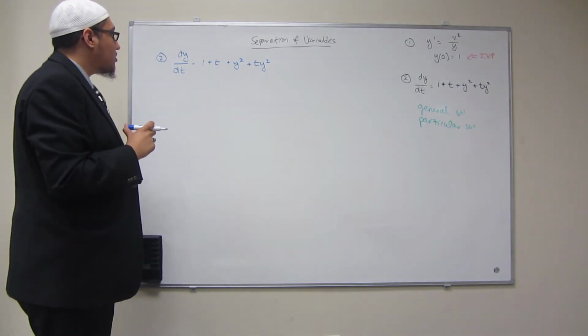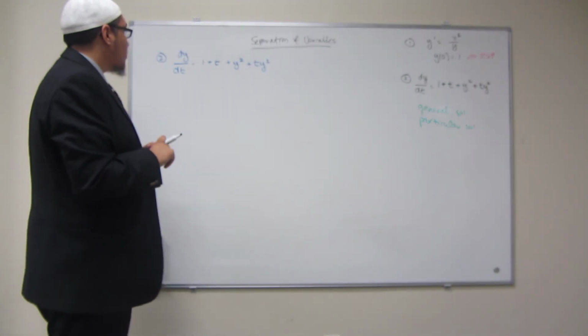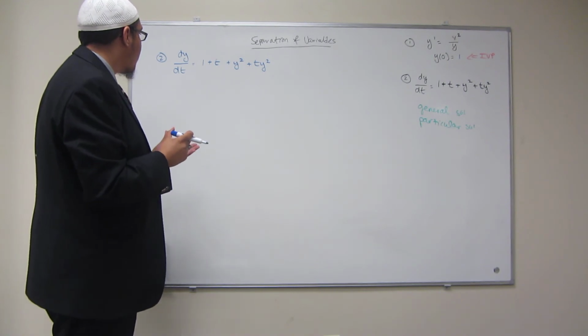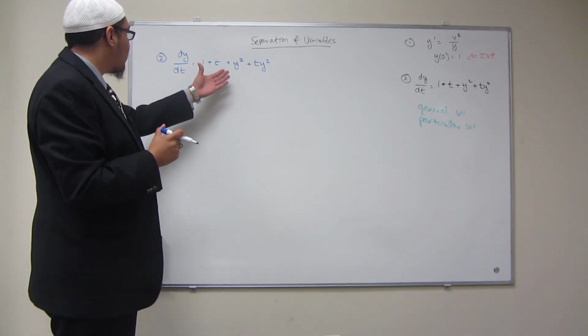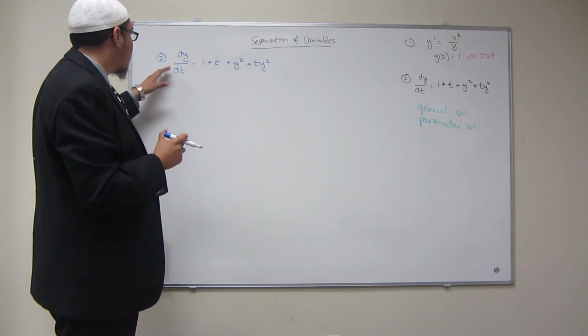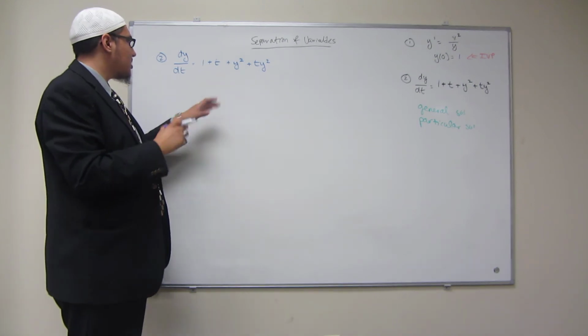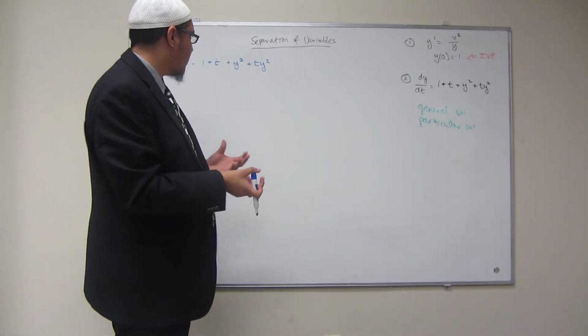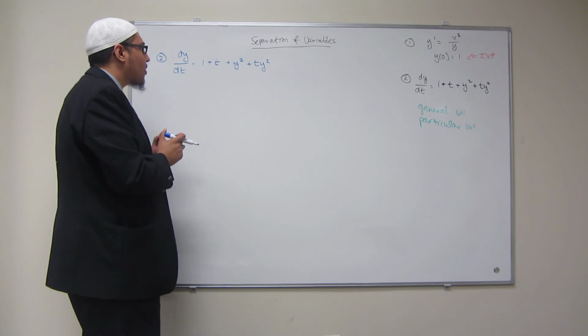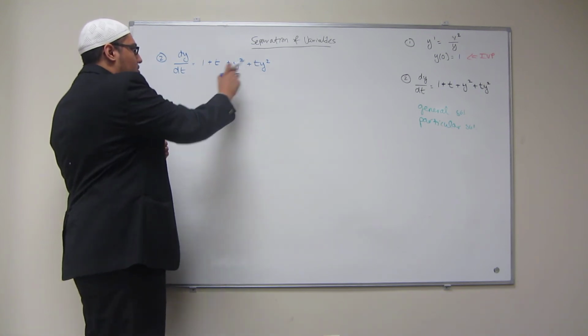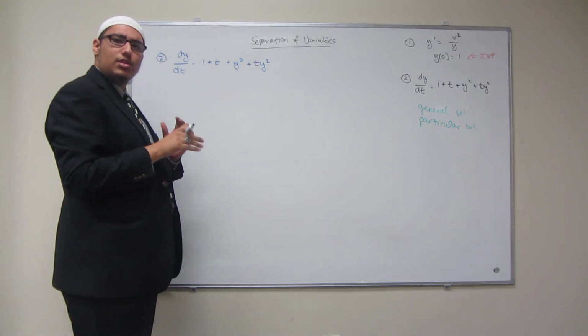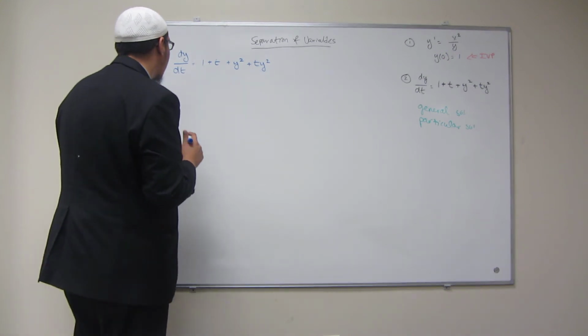Now, just looking at this, you really can't see a way that we can divide the y's onto this side and multiply the dt's onto this side so that we can have only y's on one side and t's on the other, because this y is also attached to t.